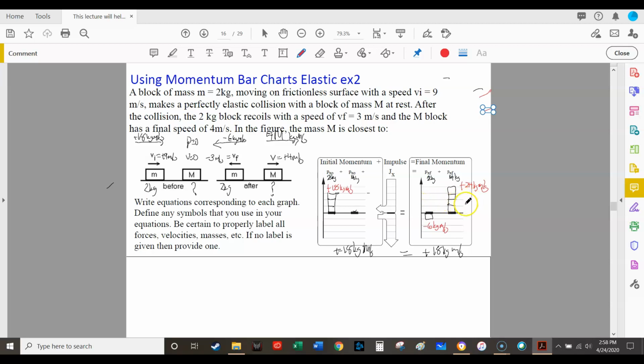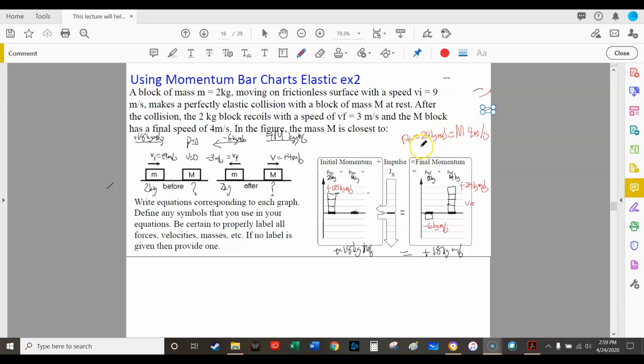So I'm going to go out on a limb and say that this 24 kilogram meters per second is going to be capital M times 4 meters per second. What is that? 24 divided by 4.